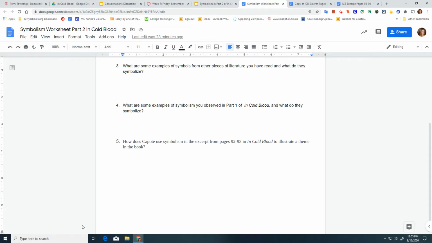In Cold Blood, on pages 92 through 93, Truman Capote uses what kind of symbols to illustrate what theme? Make it a theme statement. Not just a universal idea, a word or a phrase. I want a whole statement.